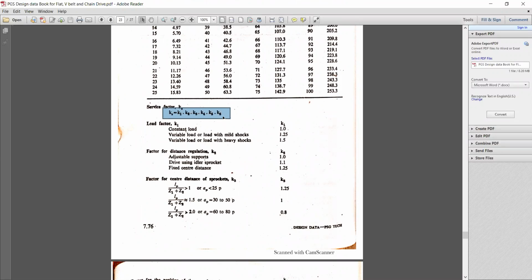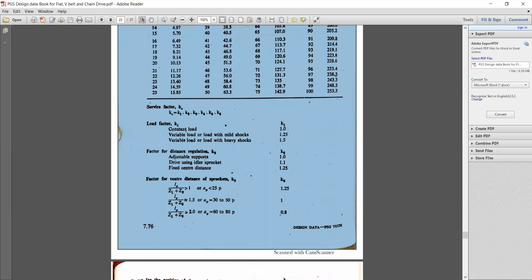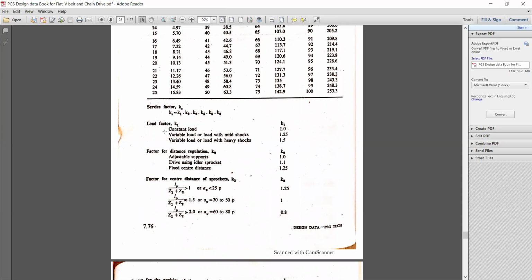So these are the multiple factors which the service factor depends on. K1 is nothing but the load factor, for variable load. In our application it is a mild load, or light load, so we are considering a constant load.